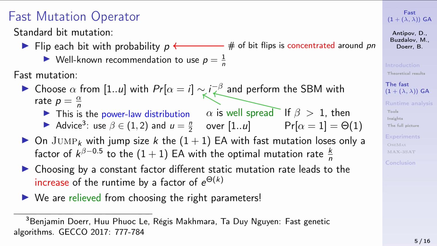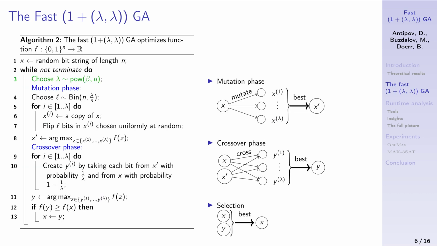However, the main question is how to properly integrate this algorithm and this mutation operator. It is this simple: we only add a third line where, in the beginning of each iteration, we choose parameter lambda from the power law distribution with some parameter beta and some parameter u.